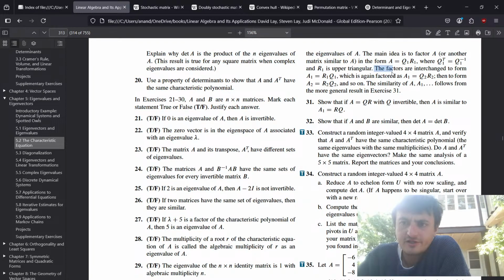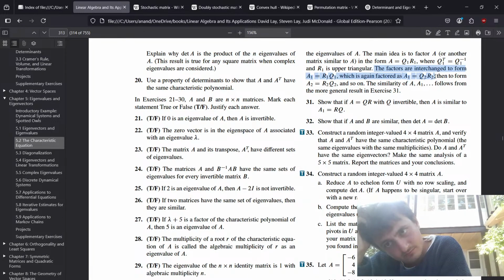The factors are interchanged to form A1 equal to R1 Q1, just factored again as A1 equal to Q2 R2, then to form A2 is equal to R2 Q2 and so on. The similarity follows from the exercise in 31.